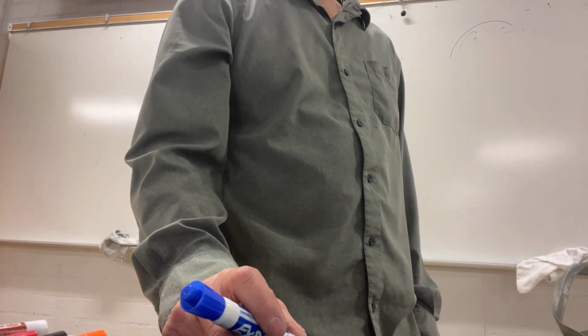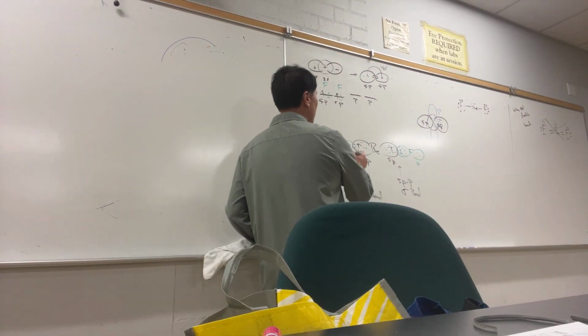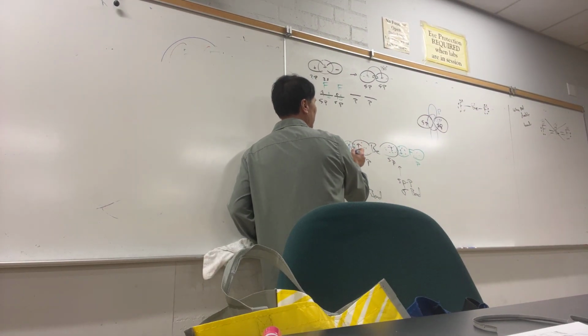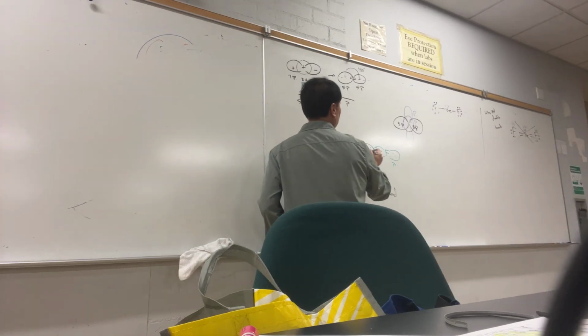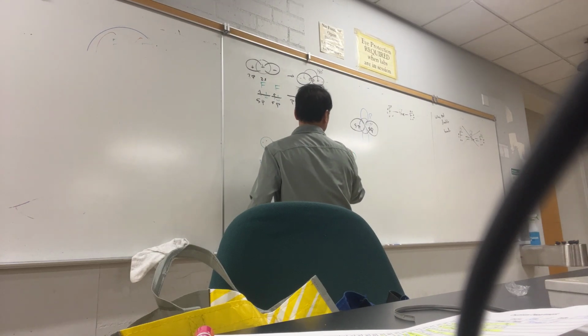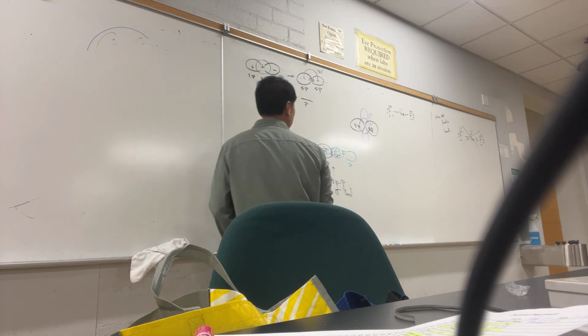What that means is that the electron cloud is polarized towards fluorine. We call fluorine delta minus, beryllium delta plus, and this fluorine will be delta minus. And that creates something called bond dipoles here. But these bond dipoles are equal and opposite.